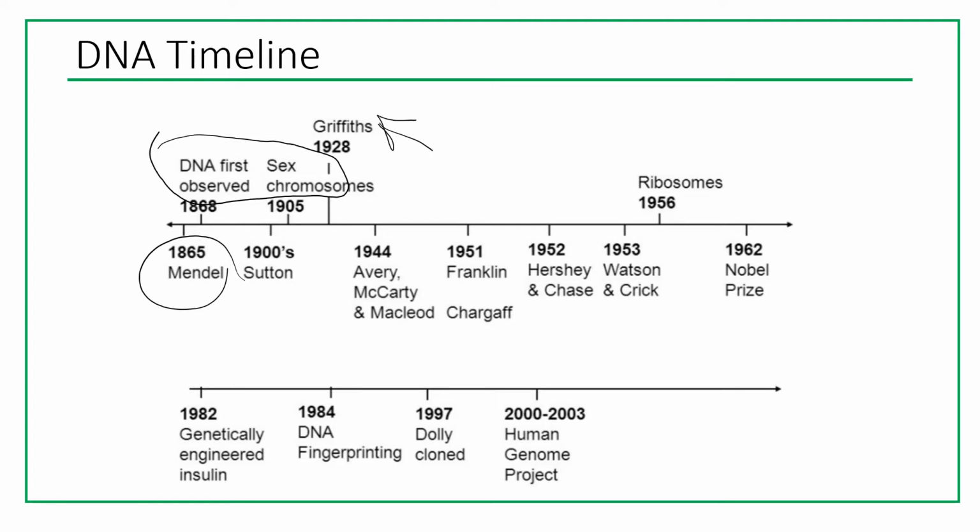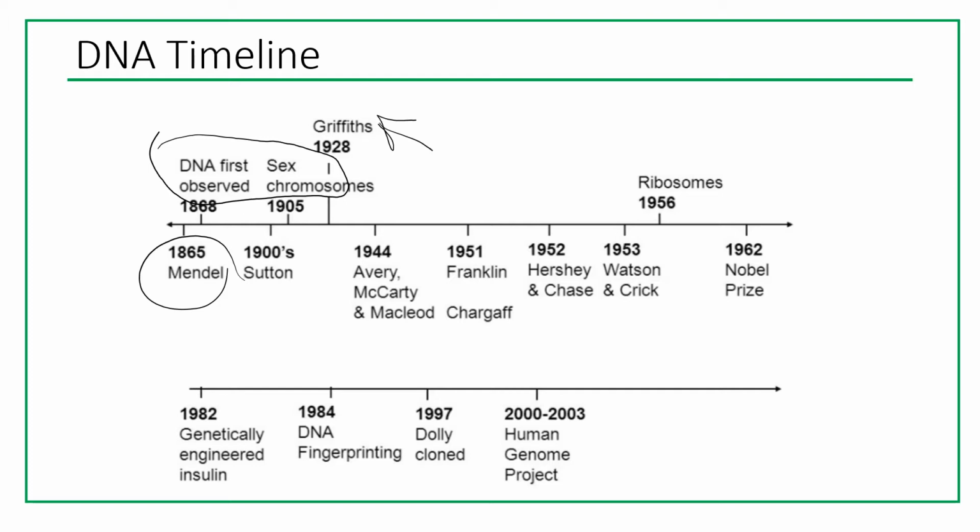What Griffith did, Griffith pretty much proved that inside a cell there is some molecule, or there are some molecules, and those molecules carry instructions for cells on how to function. So they have instructions on the morphology and physiology of the cell. Griffith didn't know what kind of molecule it was.